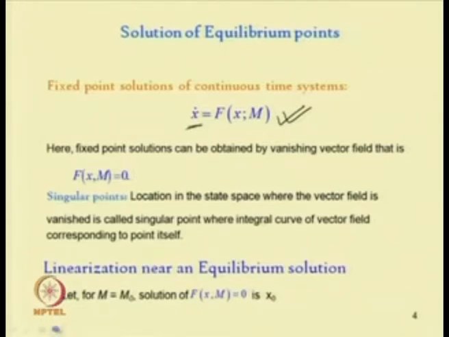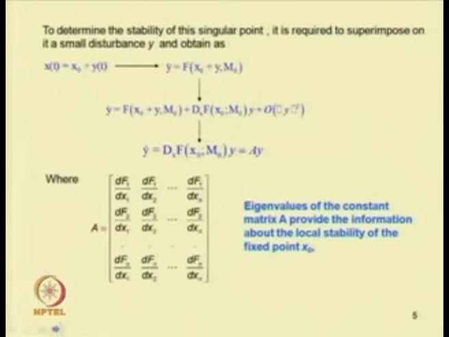After getting these equilibrium equations, we should know whether the equilibrium points we obtained are stable or unstable. To know that, we perturb the governing equation and check whether the equilibrium point is stable.